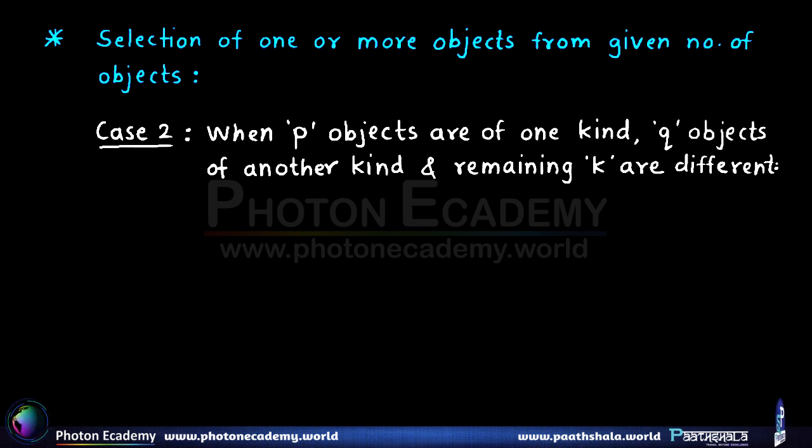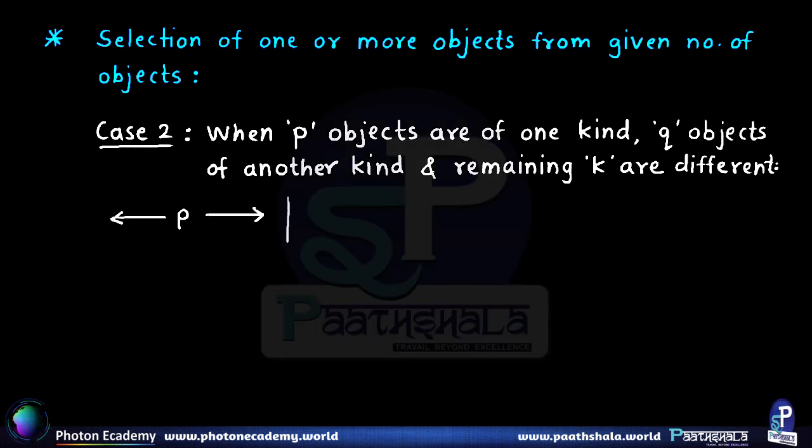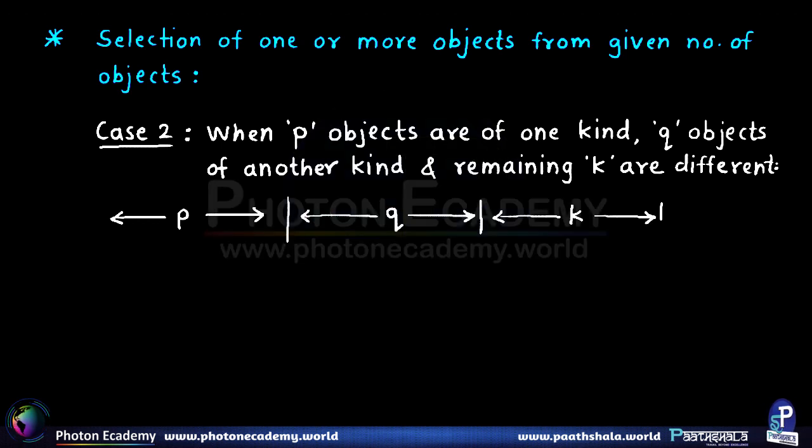So in this case, let us think of the first set of objects: there are in all p objects which are of the same type. Then we have q objects of a different type but identical within themselves, and finally we have k objects which are not the same as the previous two sets, but they are still different within themselves.